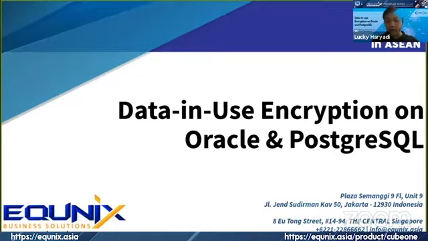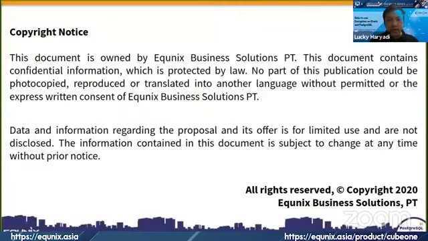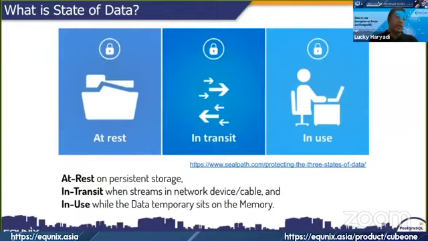So we are going to talk about data encryption on Oracle and PostgreSQL. Before we go to the Cube One introduction and explanation, I want to give some context about the importance of data encryption.